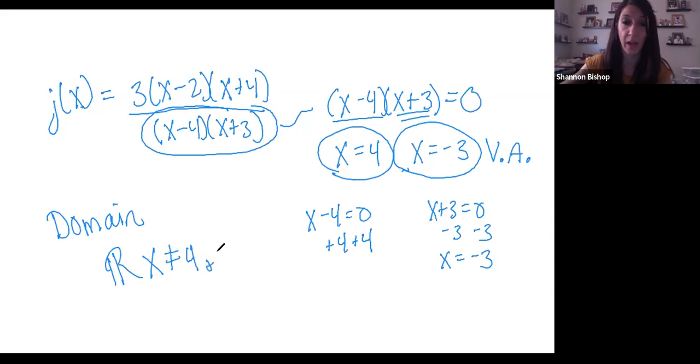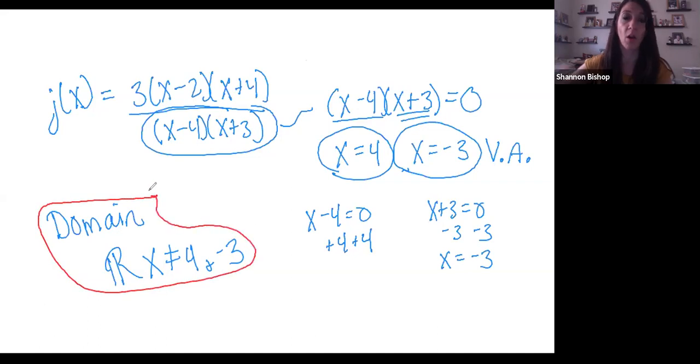You can plug in everything except 4 and -3. So your vertical asymptote and your domain go hand in hand in the sense that as soon as you know where the errors are, the vertical asymptotes, then your domain is simply everything but that, or everything but those, in this case, plural. And if we were still talking about h of x, the little blip on the graph that had no errors at all, then that domain is just all real numbers. No errors, so no qualms, it's just all real numbers.